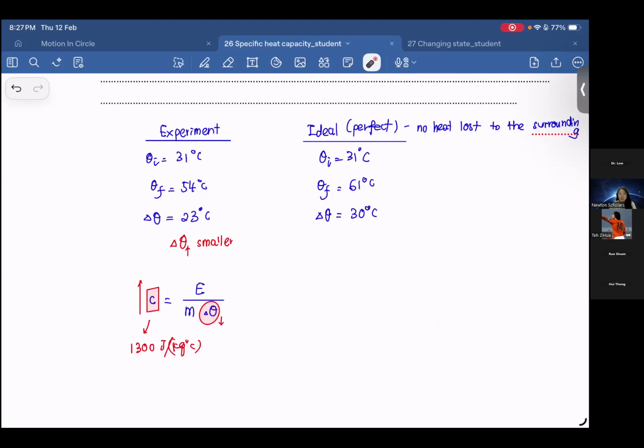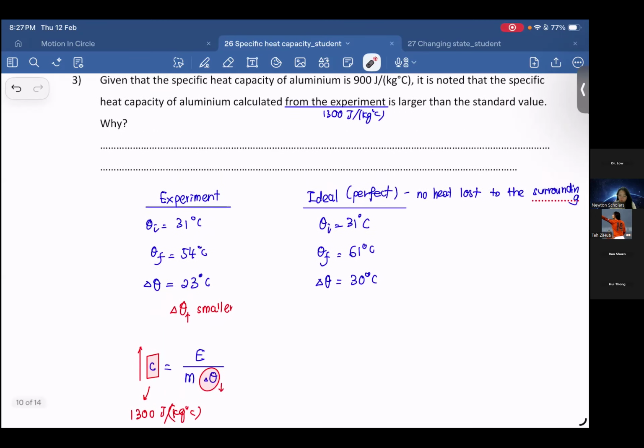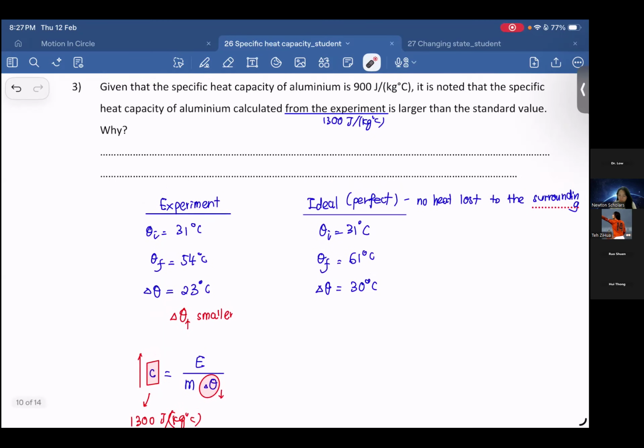So here we need to explain why the value from the experiment is larger than the standard value.